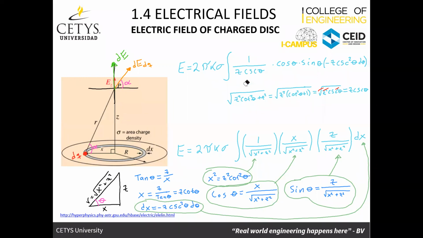So once we have that, let's start seeing what we can eliminate here, or start to reduce to be able to solve the integral. Well, first, this z here goes away with this z over here. The cosecant here in the denominator goes away with this square.